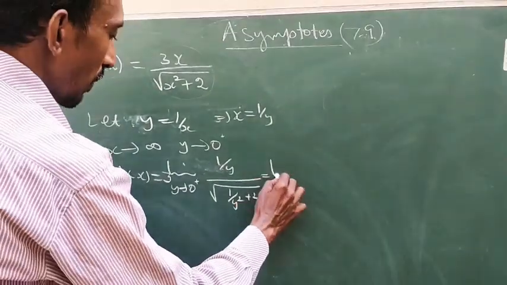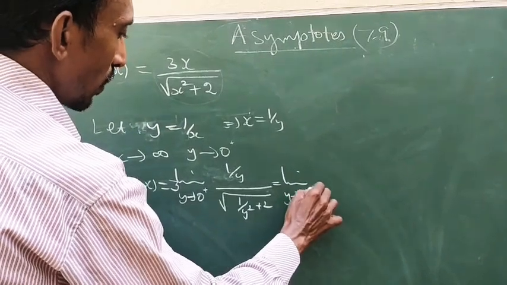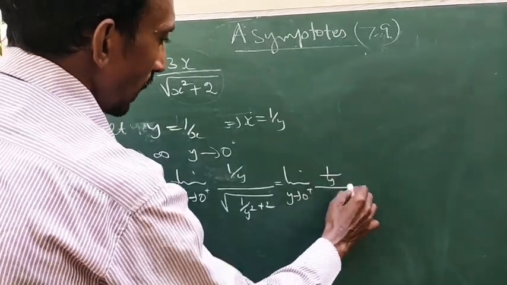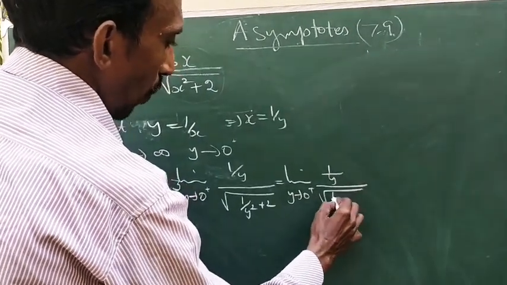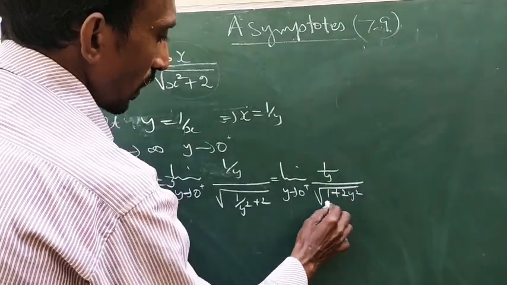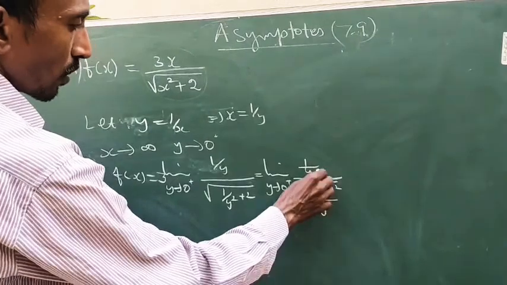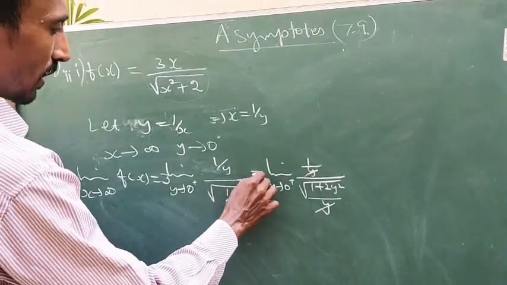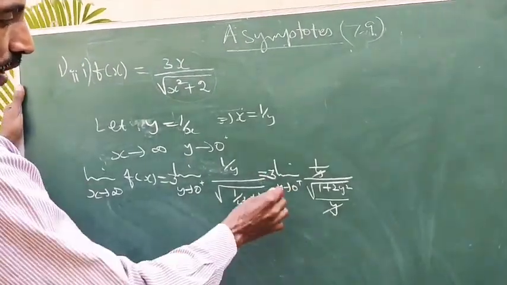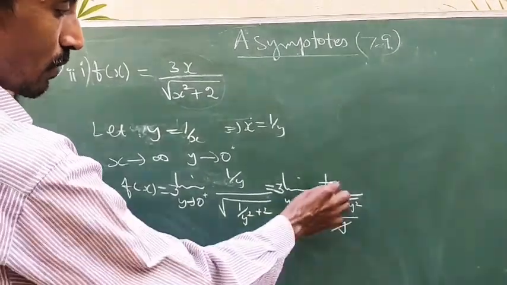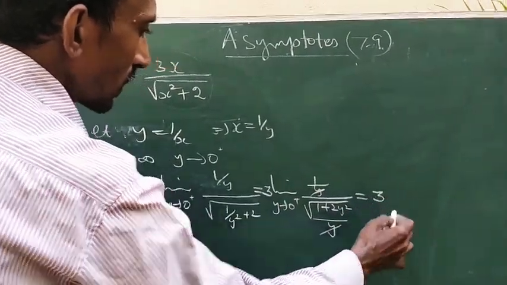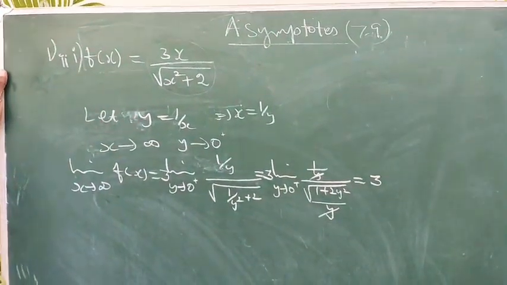So take the LCM, limit y tends to 0 plus 1 by y by root of 1 plus 2 y square by y square. If we take the square root, it becomes y. So cancel. So 3 is outside. Now if we put y tends to 0, it becomes 1. So 3 into 1 is 3. So we are getting 3.